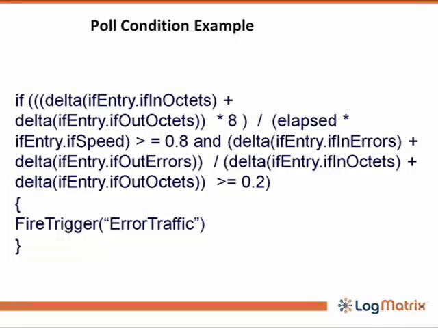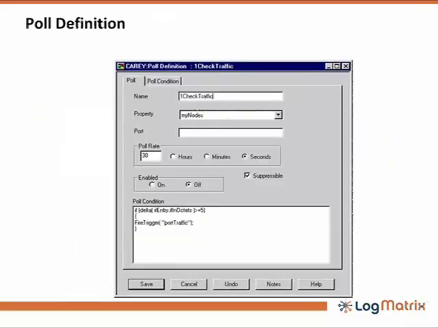So if I were to have assigned a 1-minute polling interval, then this delta would be in a 1-minute snapshot. It would take the values the first time, wait 1 minute, take the values the second time, then calculate the delta and evaluate the condition.